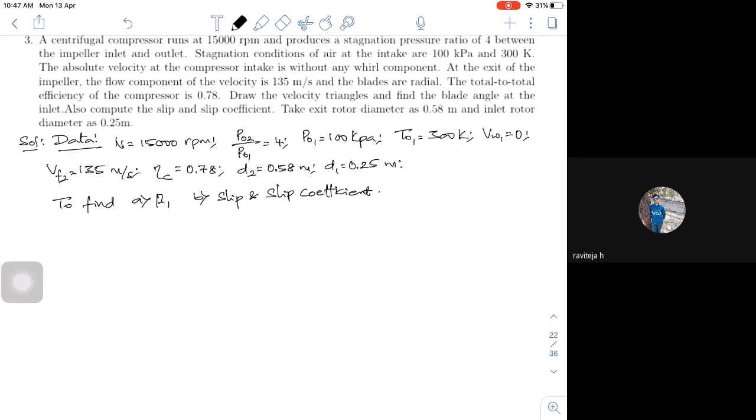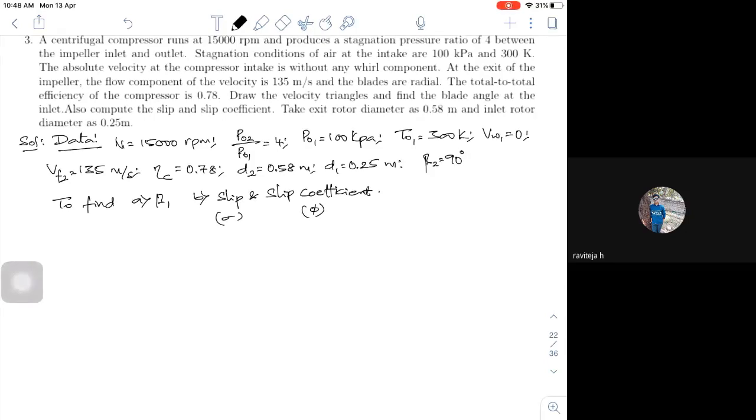We have already defined sigma as the difference in the slip and phi as the slip coefficient. And they have given the condition that beta 2 is equal to 90 degrees, that is, it is radial at the exit.